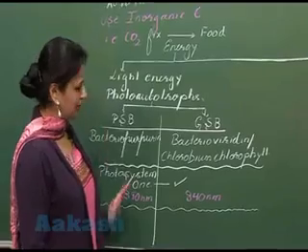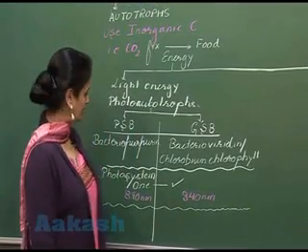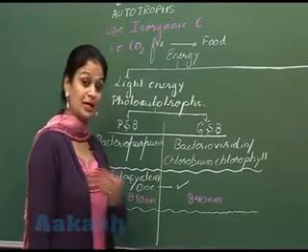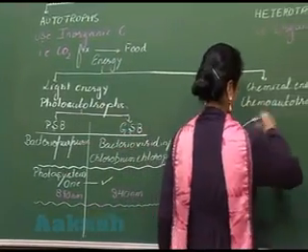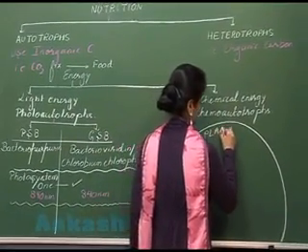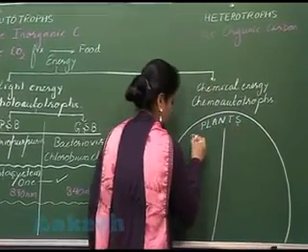Now we will compare this with plants. Just now I have told you that in the bacteria there is presence of only one photosystem, but in the plants there is presence of two photosystems. Yes.